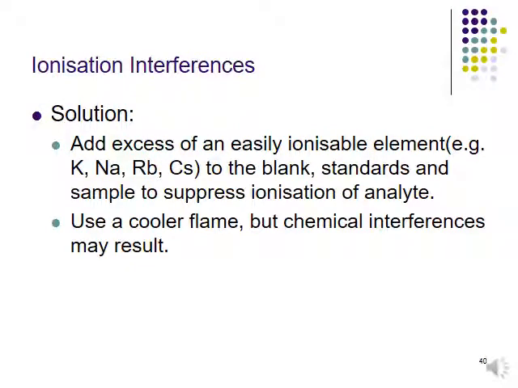There are many ways to overcome the ionization interference. You can use an excess of an easily ionizable element like potassium or sodium, added to the blank, standards and sample to suppress the ionization of the analyte. Or we can use a cooler flame, but chemical interference may result.